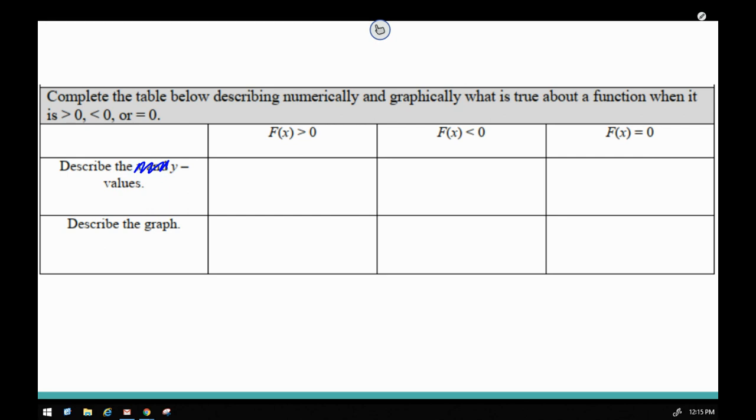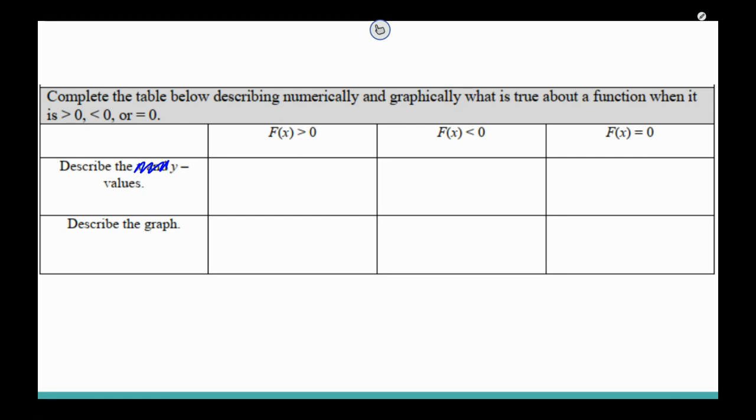Yep, they're positive, they're greater than 0, because f of x just means y. So when f of x is less than 0, y is less than 0. And when f of x equals 0, y equals 0.